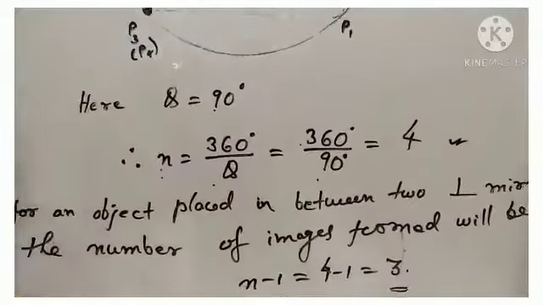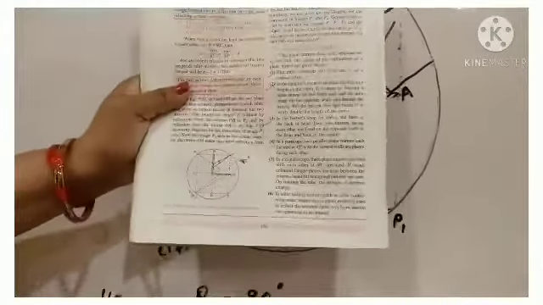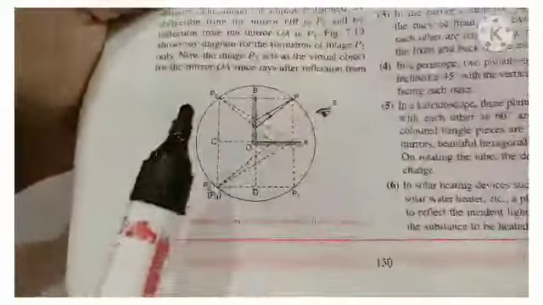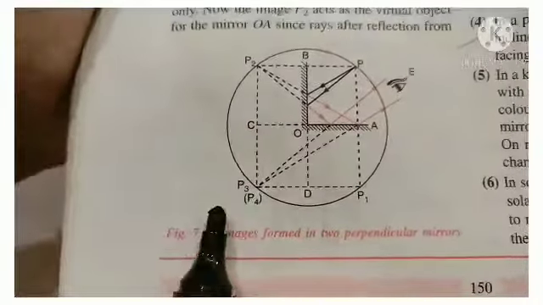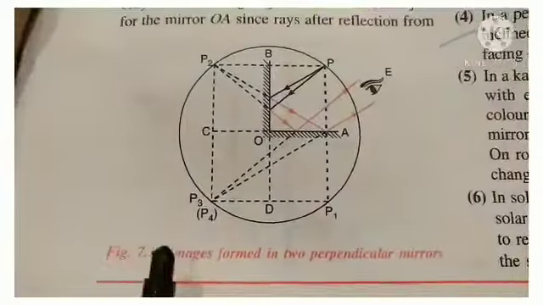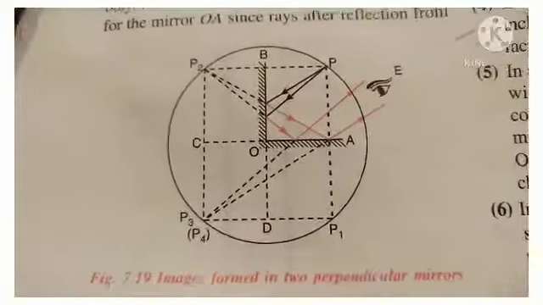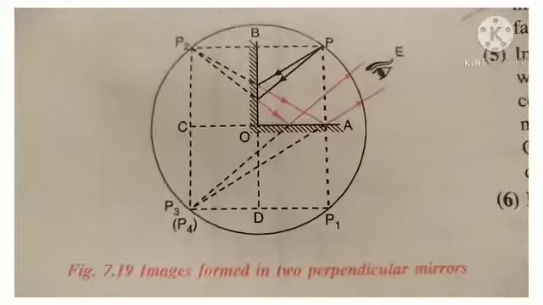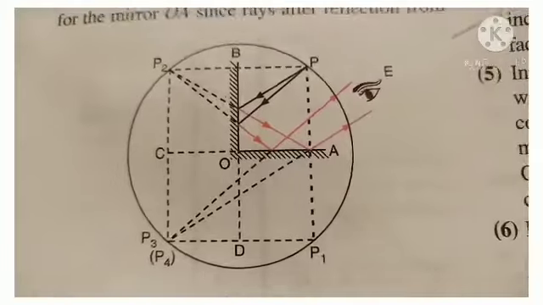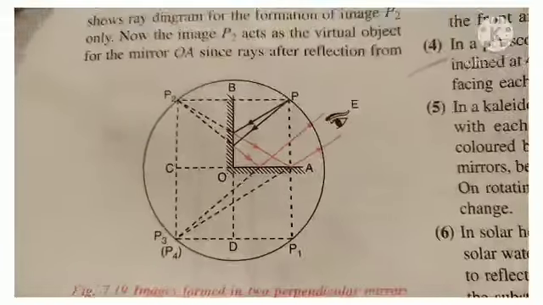So the number of images formed is 3. As you can see in your book, in this diagram P is the object and the images P1, P2, P3 and P4 just overlap on each other on P3. So 3 images are formed when two plane mirrors are perpendicular to each other and an object is placed in between.